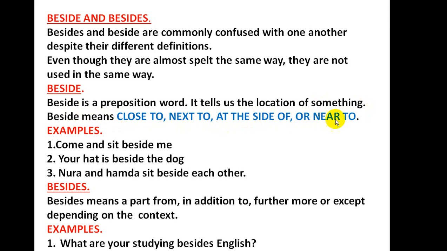Now, examples of sentences that are constructed using beside. Number 1. Come and sit beside me, which means near me. Beside me is the same as near or next to me, or close to me.